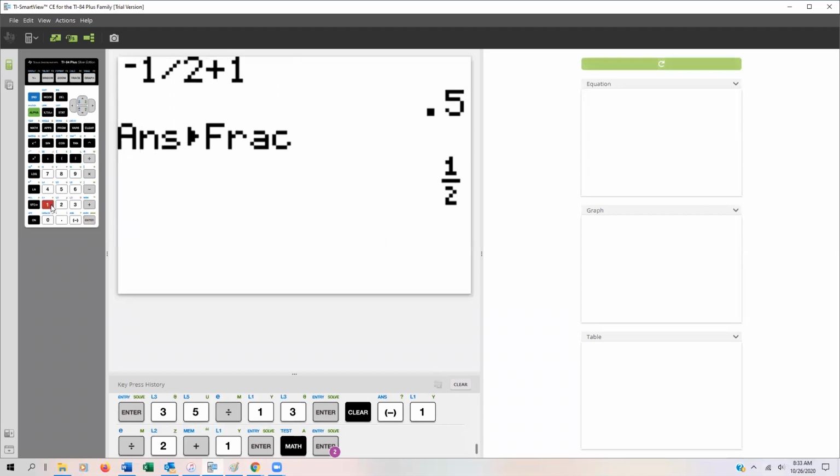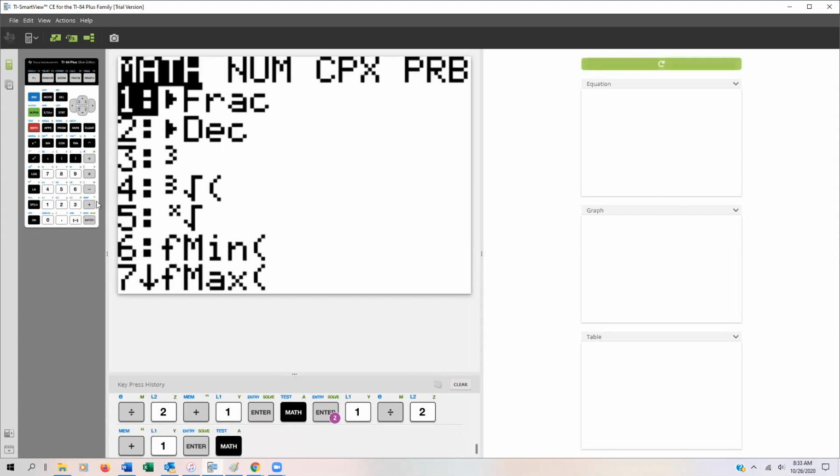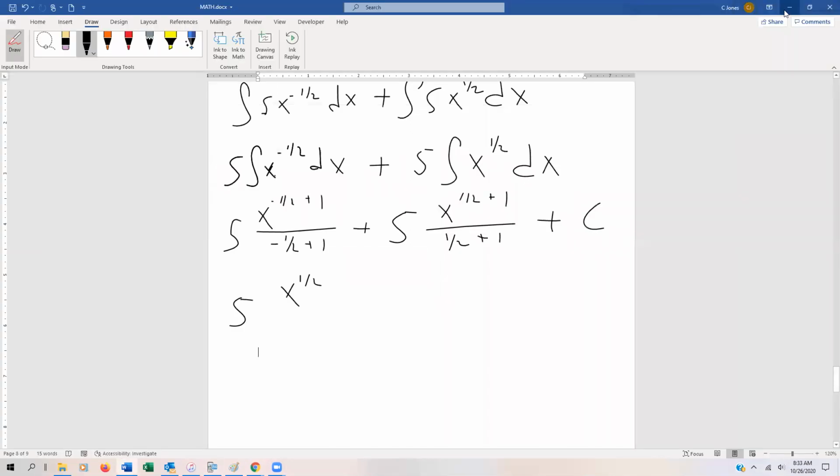Okay, same thing with 1/2 plus 1. And then you can again do math, enter, enter to get 3/2. All right, so this is going to become, and in the denominator, you still have a 1/2. We're going to get 5x to the 3/2 over 3/2 plus c.